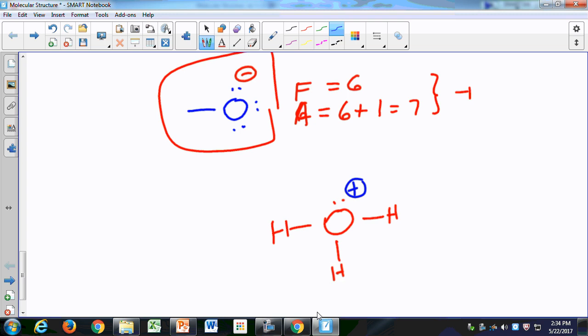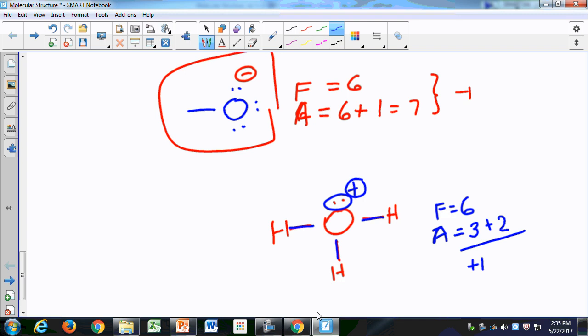Because oxygen by itself would own 6, and in this structure it appears to own 3 from the bonding pairs plus 2 from the lone pair. 6 minus 5 would be plus 1. So if an oxygen has 3 bonding pairs and a lone pair, it has a plus 1 formal charge.